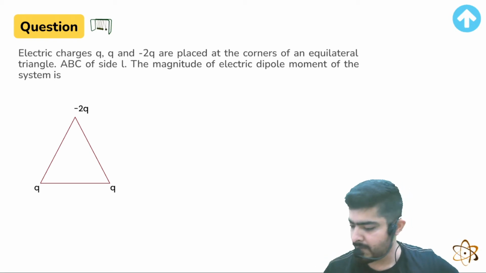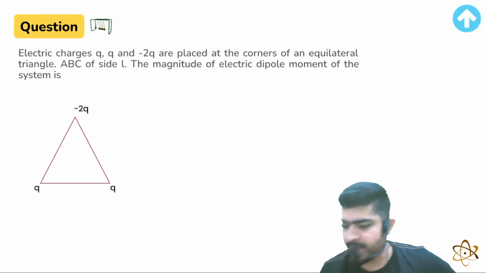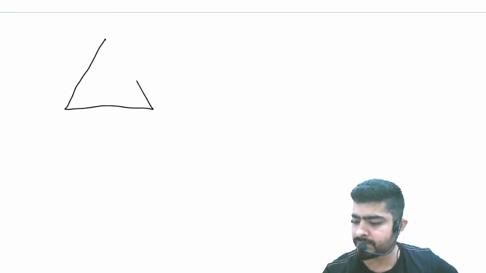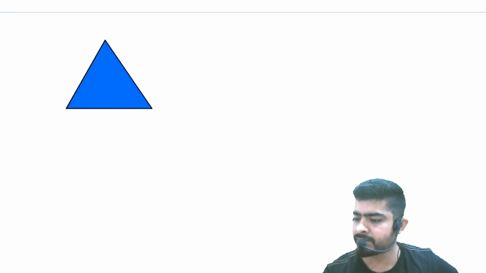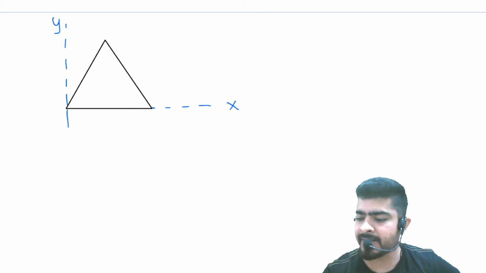Okay, so let's try this. We have got three charges, right? Q, Q and minus 2Q. Then this is my x-axis, this is my y-axis.